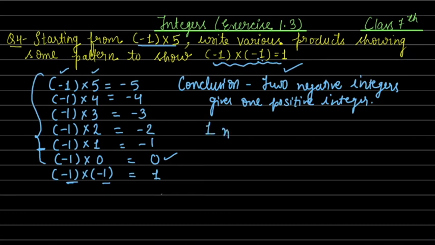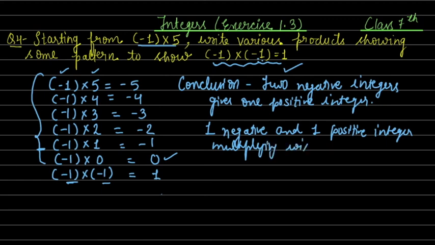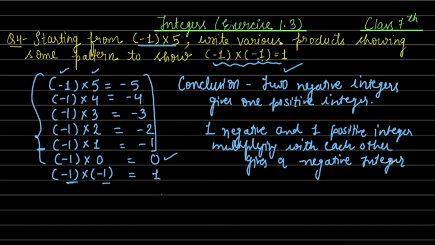One negative and one positive integer multiplying with each other gives a, you see here what we are getting, negative integer.